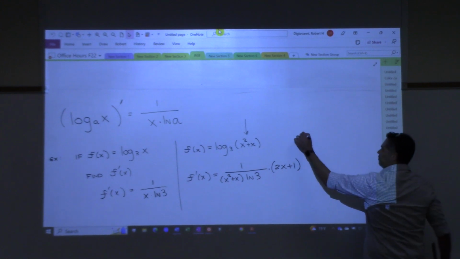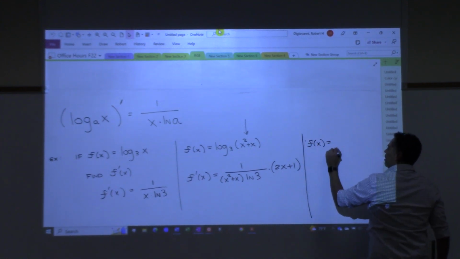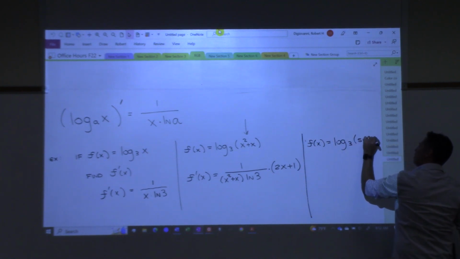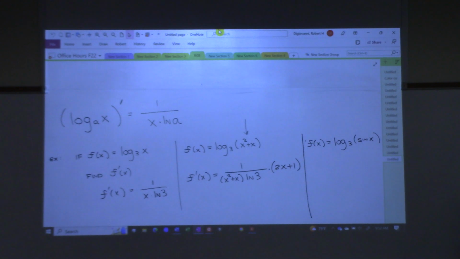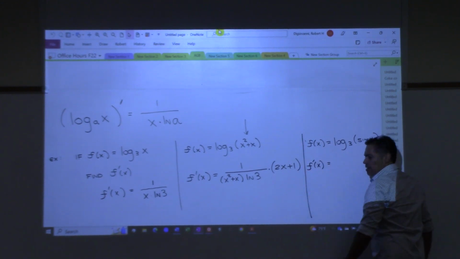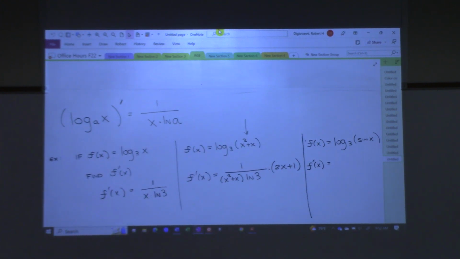Let's do another one. What about f of x equals log base 3 of sine x? Do y'all see the composition again? Take 20 seconds, see if you can come up with that derivative.